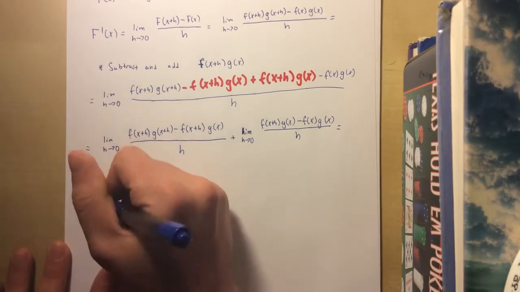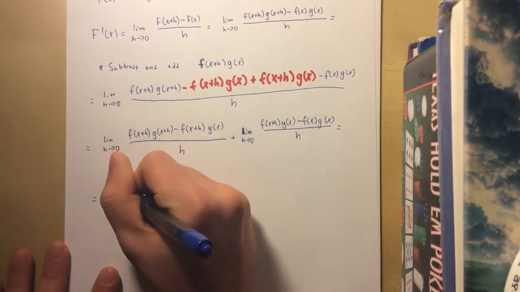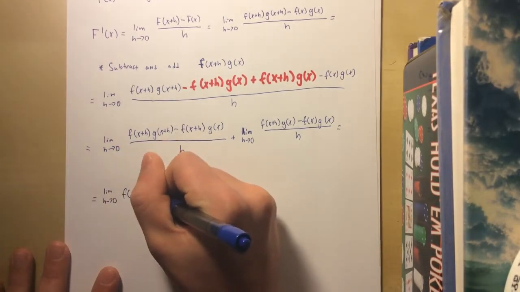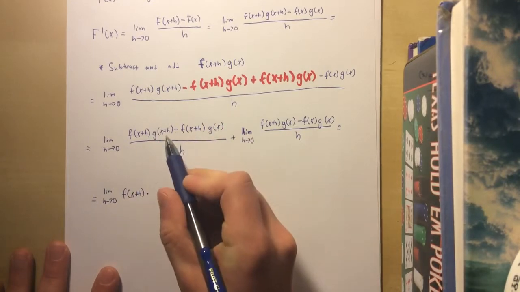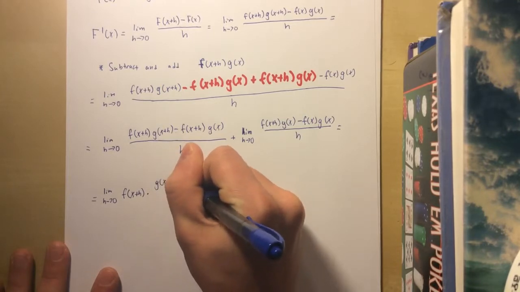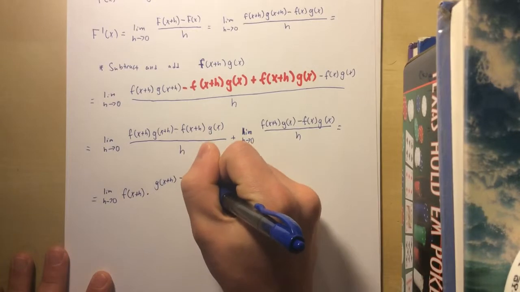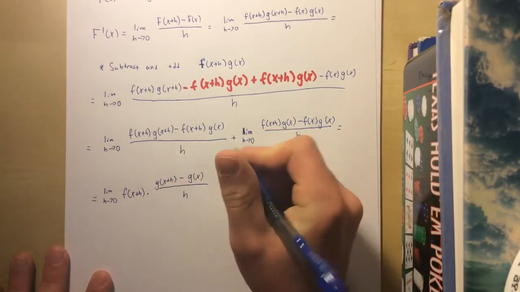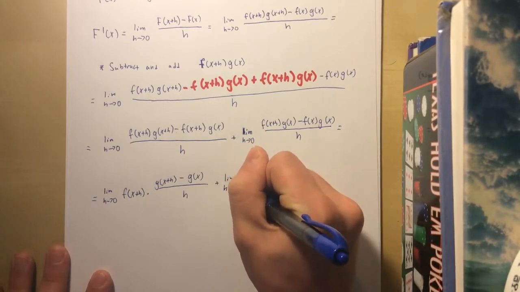So what I'm going to get is the limit as h approaches 0 of f of x plus h times, on top we still have a g of x plus h minus, we're left with this g of x, all over h, plus the second limit.